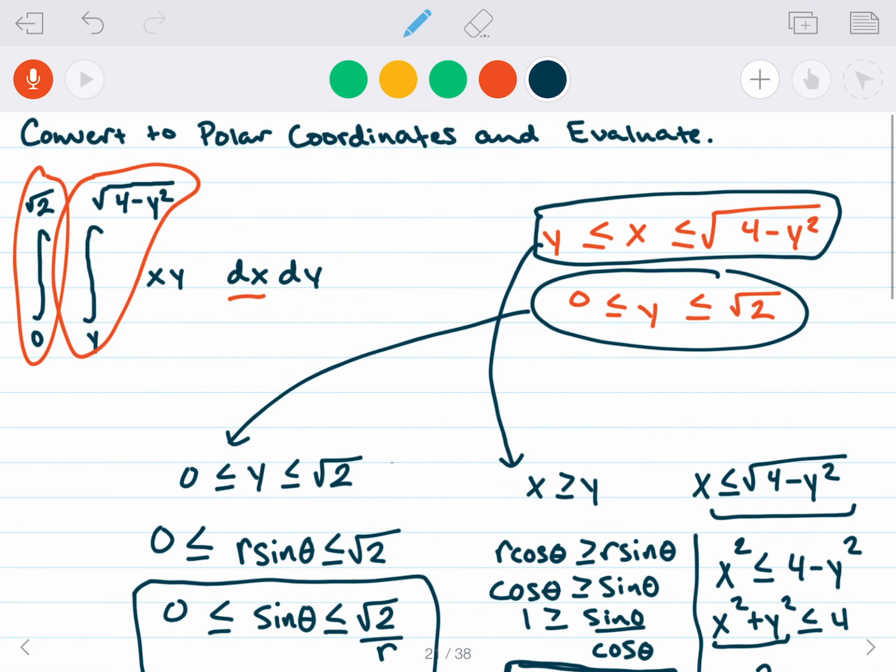So let's go ahead and do that. We initially start with xy dx dy. We want to change this to polar. So x is r cosine theta, and y is r sine theta.